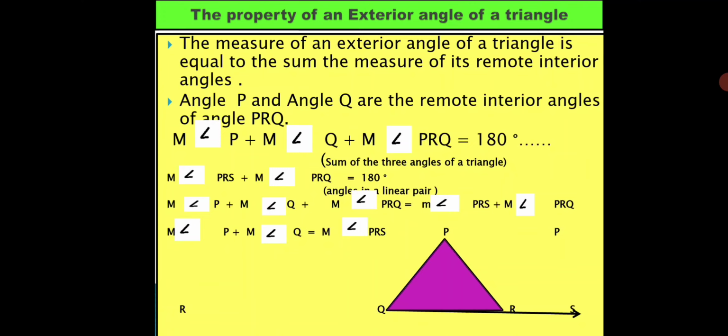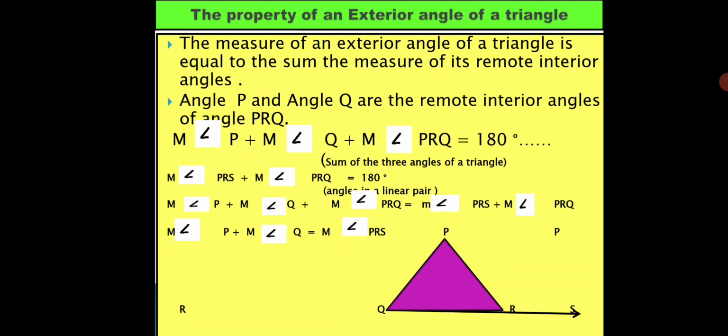So angle P plus angle Q plus angle PRQ is equal to 180 degrees. It means the sum of three angles of a triangle. Now in the next step, angle PRS plus angle PRQ is equal to 180 degrees. Why is it so? Because the angles are in a linear pair.